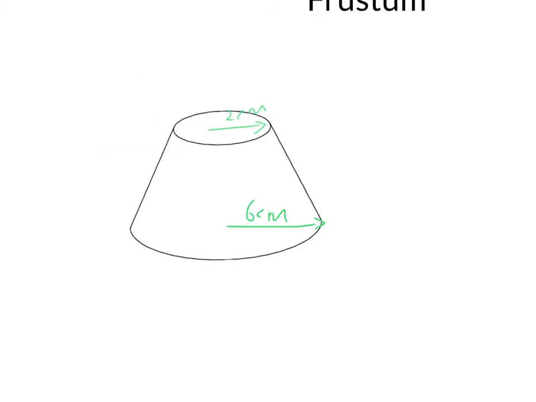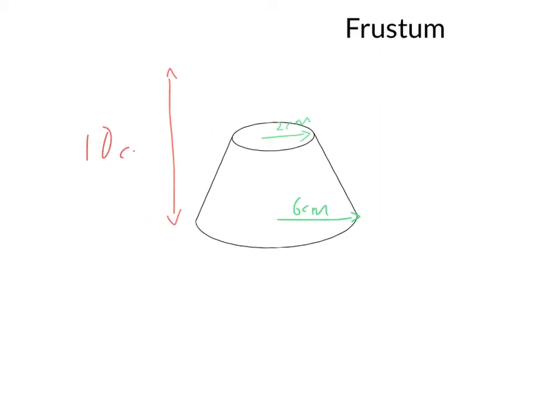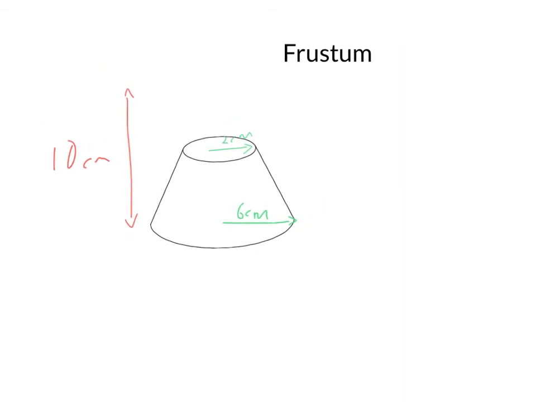So we'll look at this frustum here, and we'll say that I had an original height of 10 centimeters, and we'll say that the portion that is now missing, which we'll draw in red, is 4 centimeters.